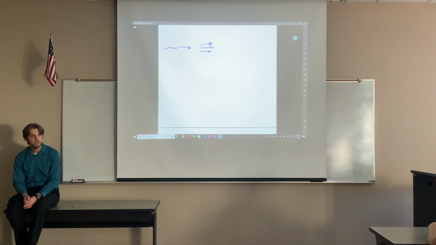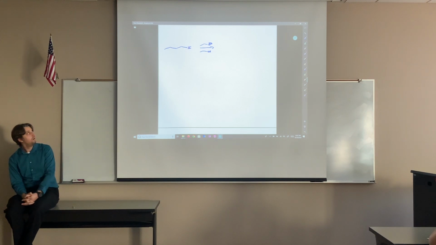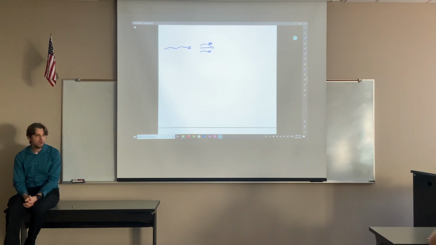Okay, do we have a strong base? Yes. So is an E2 in play? Yes. With a primary and a good nucleophile, you're pretty much always going to favor an SN2 though.